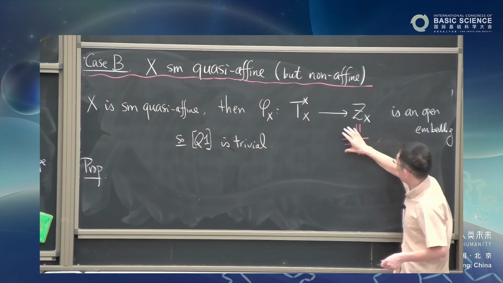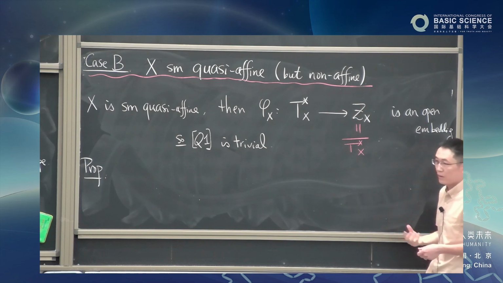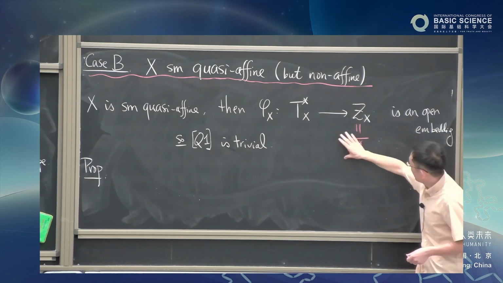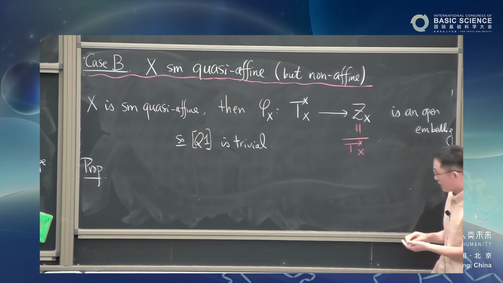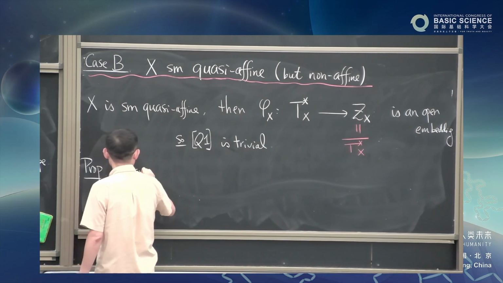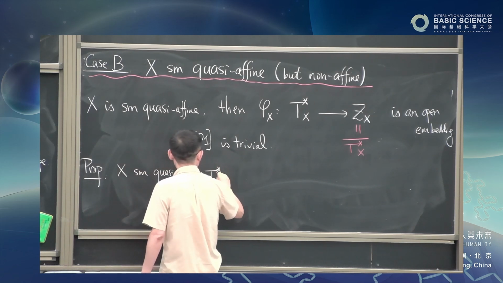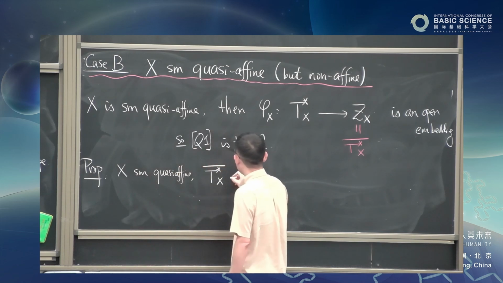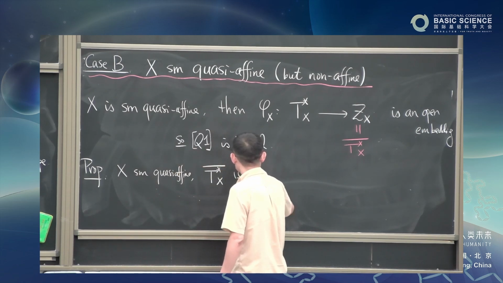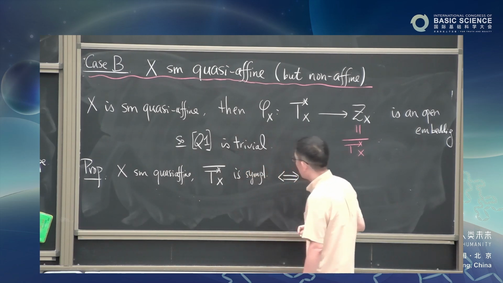Z_X really contains the cotangent bundle as an open subset. So I write a bar: X smooth quasi-affine, then the closure of the cotangent bundle of X is symplectic if and only if there are two conditions.